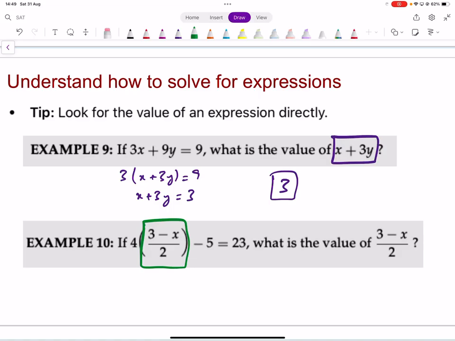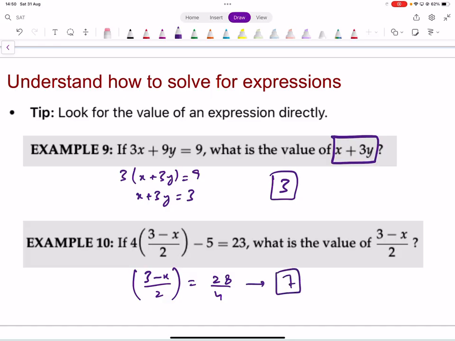Right? So what do you get from this? 3 minus x over 2 into 4. You can take 5 to the other side, that becomes 28. And then just divide 4 on the other side. And that gives you 7. So that's your final answer. You write 7 here. Make sense?